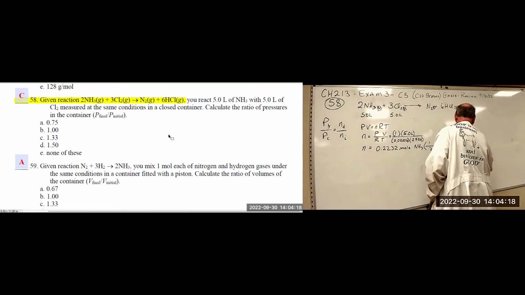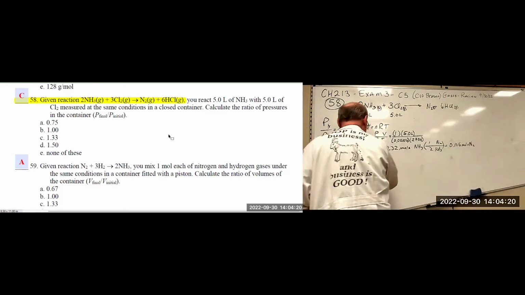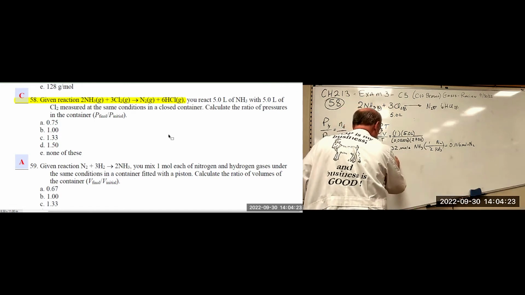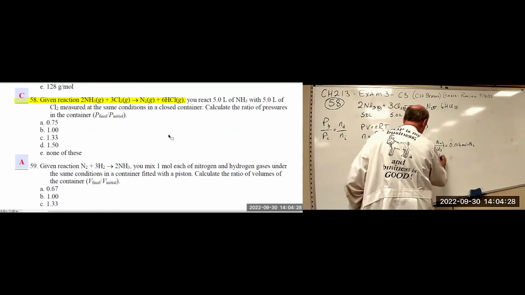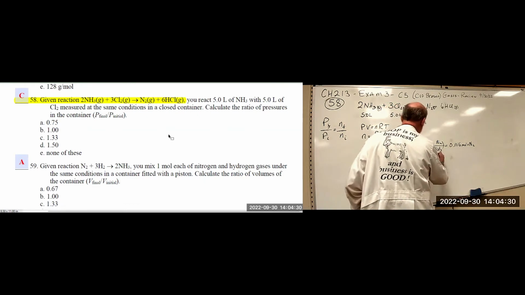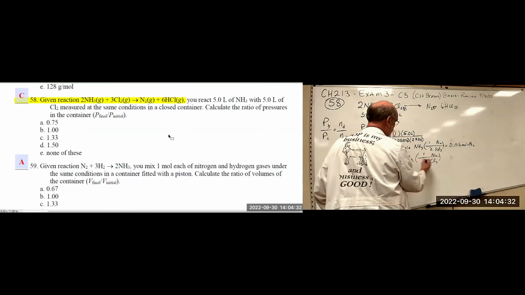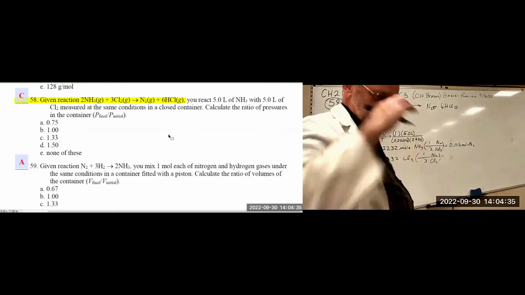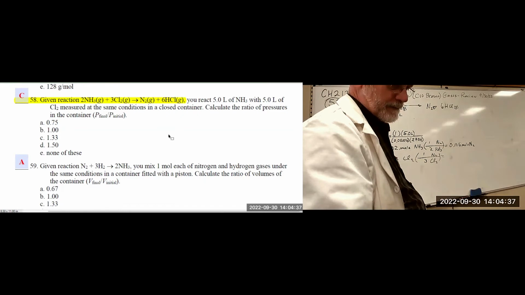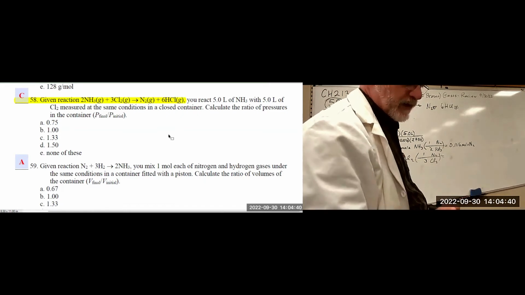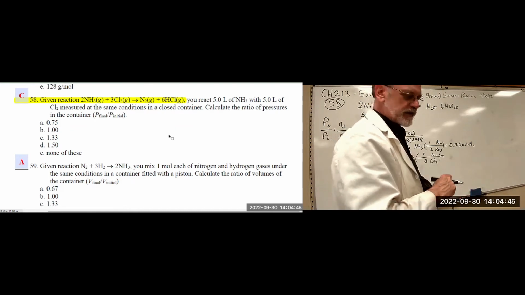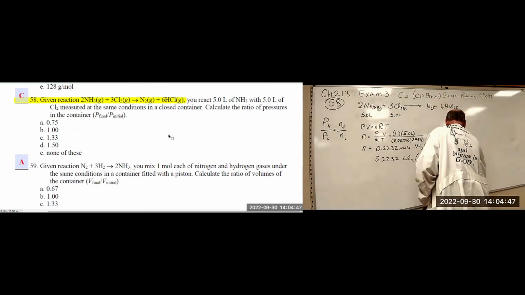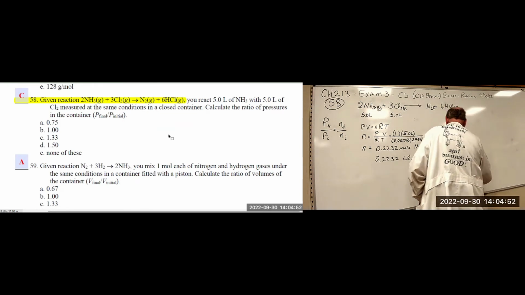But if we have chlorine, and we convert chlorine to nitrogen, that's 3 to 1. 0.0744 moles of nitrogen. This is limiting.